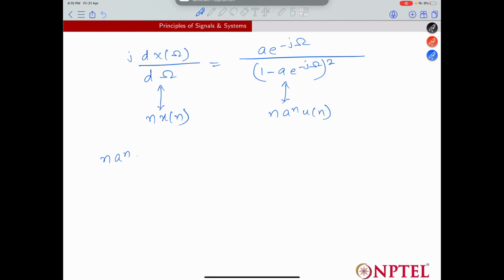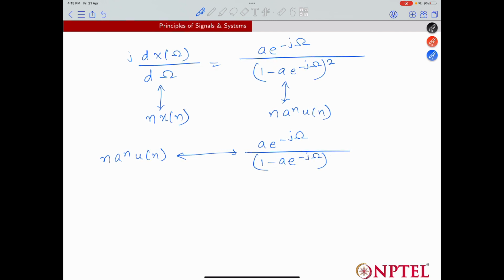Using that, the discrete time Fourier transform of n a to the power of n u[n] will be a e to the power of minus j omega divided by (1 minus a e to the power of minus j omega) whole square. Now we are trying to derive something else, so first we multiply by minus on both sides. We get minus a e to the power of minus j omega divided by (1 minus a e to the power of minus j omega) whole square.